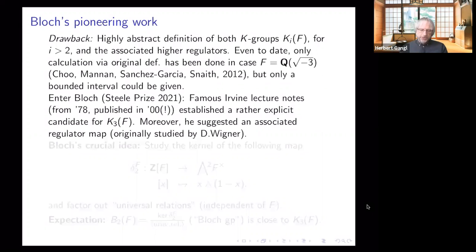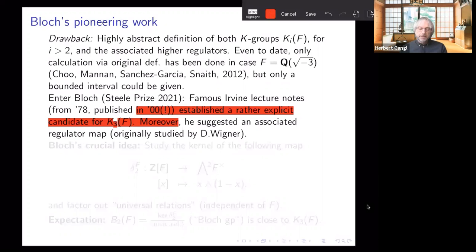I believe, an urban legend maybe, that he submitted it to the Publications IHES, and I presume that the referee, I would guess it was Borel, was not happy and wanted it rewritten, which Bloch was not willing to do, and eventually they were published in the original form in 2000. And they have been amazingly influential, despite the lack of actual publication up to that point. And in those, he established the first candidate for K3 of a field.